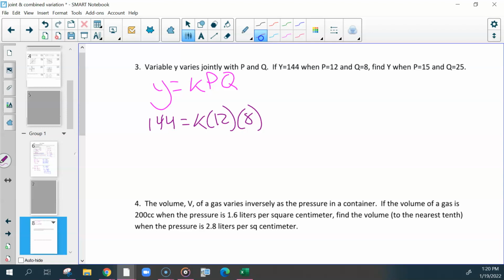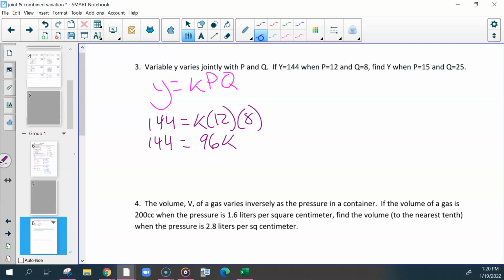With this, you can do one of 2 things. You could multiply and then divide. You could set it up like you're dividing first, so get rid of 12 and 8 at the same time, and then multiply that and figure out what it is. There's a couple different ways to do that. Let's say we multiply this first. What is that? 96? Yes. Switch the order of these 2.